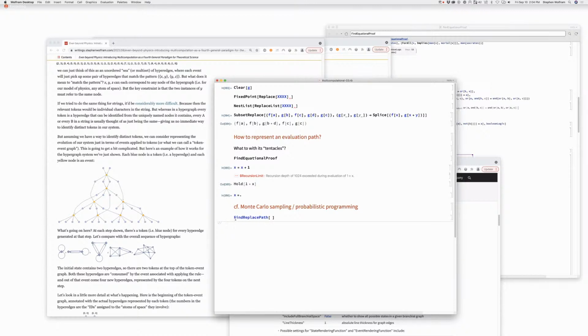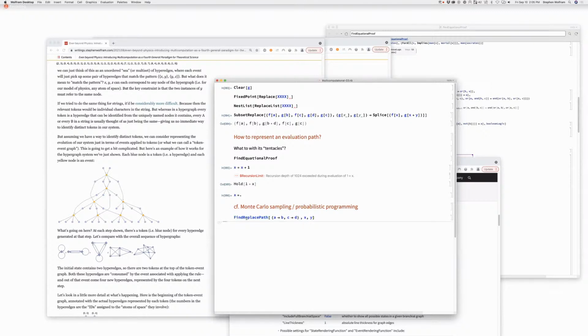Right. So one model of that is something like this find replace path function that I had written a version of. Rather than generating the full multi-way graph and then seeing is there a path, because you could generate the multi-way graph and then say find path, this is a sort of dynamic thing where you've given a bunch of replacement rules, A arrow B, C arrow D or whatever, and then you're asked, is there a path from X to Y?